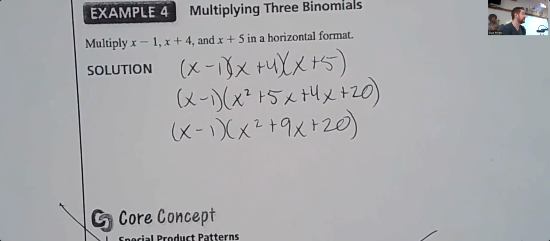Now this problem looks exactly like the one we just did. So finish this one up. Multiply the binomial times the trinomial, combine like terms, and that's it for our notes today.